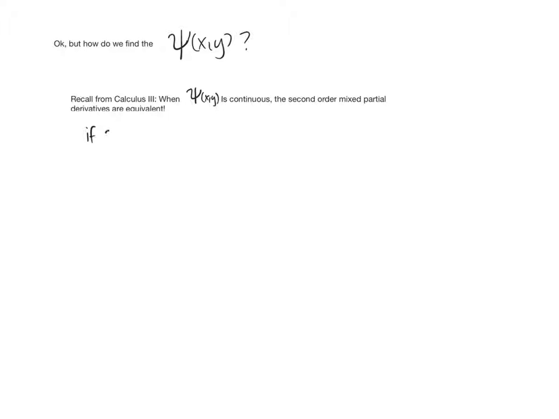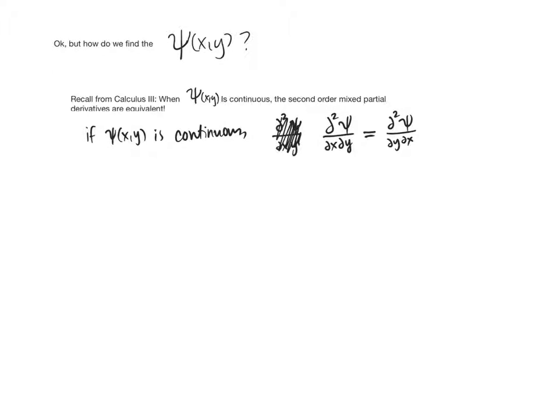If psi of x, y is continuous, and we're going to be mostly dealing with things that are friendly in this course, then the second order partial of psi with respect to x and then y needs to be equal to the second order partial with respect to y and then x.